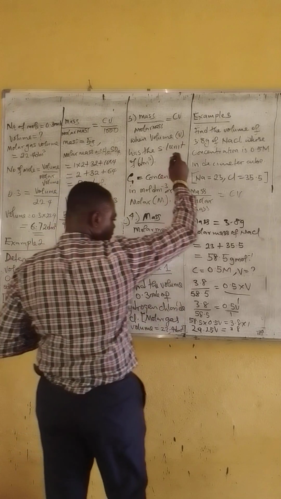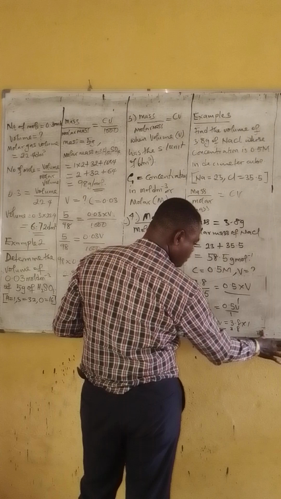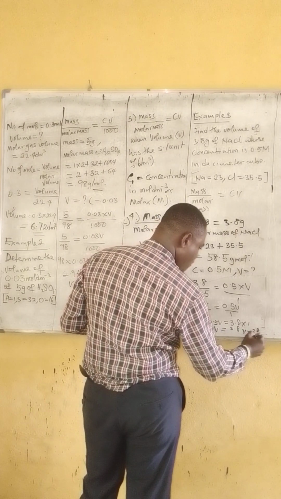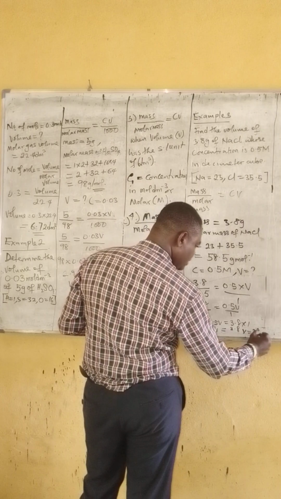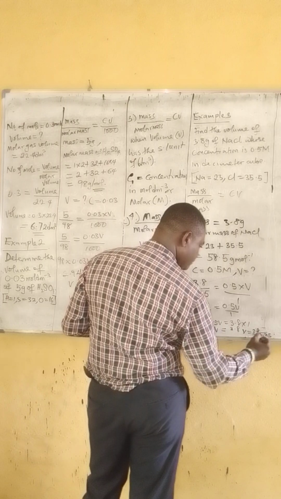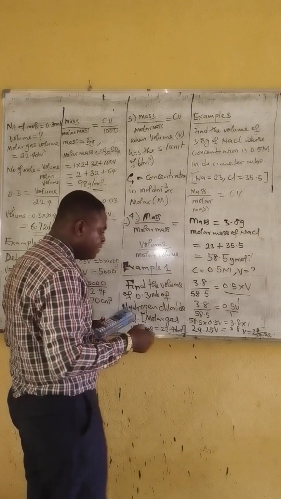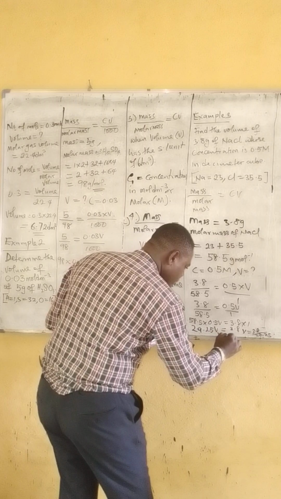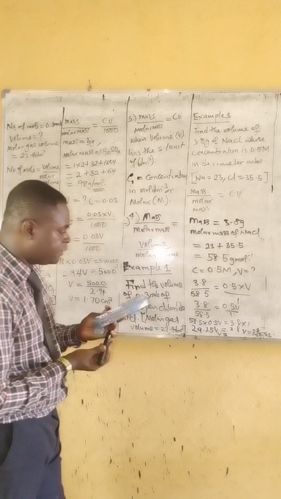And we come here to say, okay, our V is equal to 3.8 over 29.25. So if that is the case, our V can now be equal to what? So let's press that.